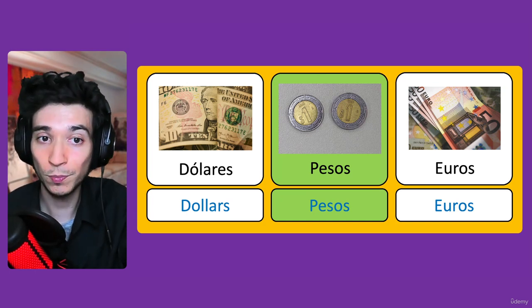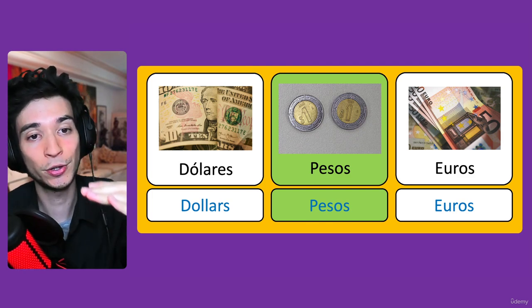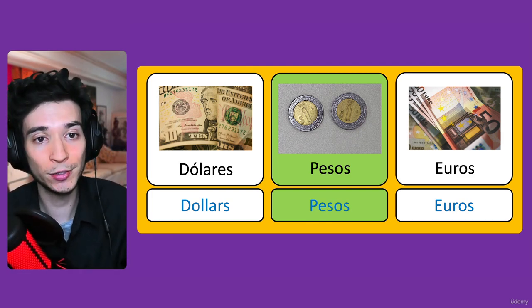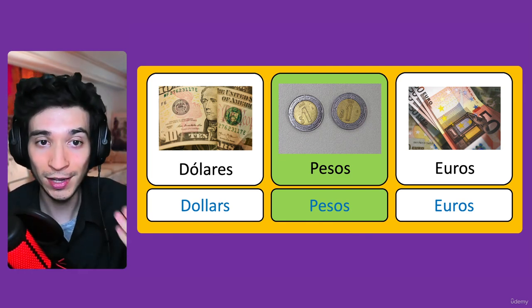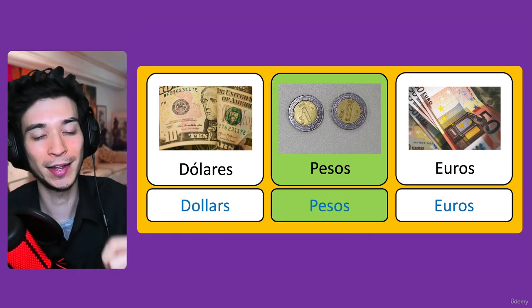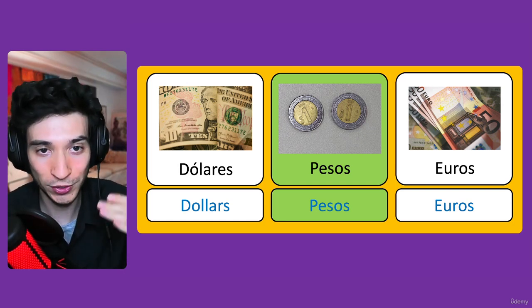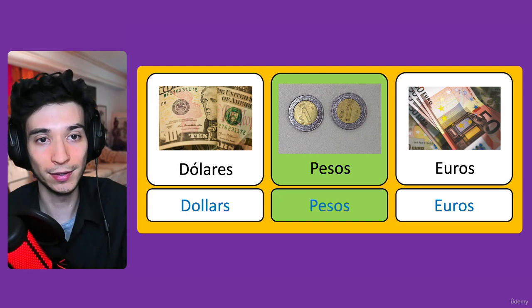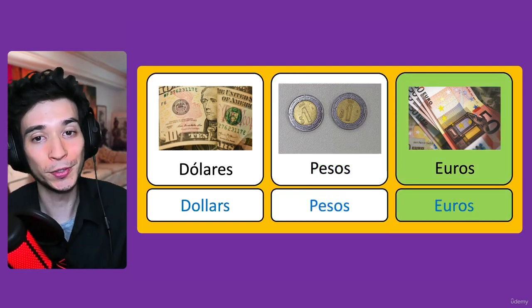So the easiest way to probably say it is by saying pesos mexicanos, Mexican pesos, or pesos filipinos, Philippine pesos. So maybe try to specify a little bit more, because lots of countries use dollars with their own type of currency, but they also call it dollars, and pesos has the same thing. Okay, the next one, euros.